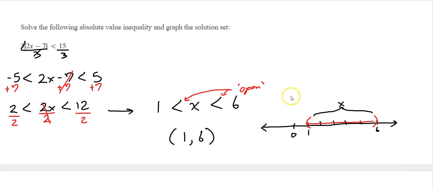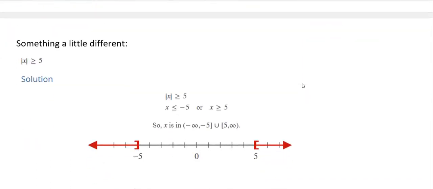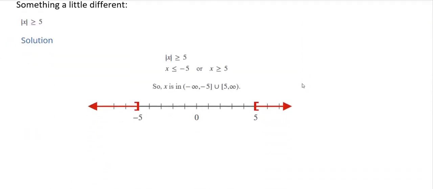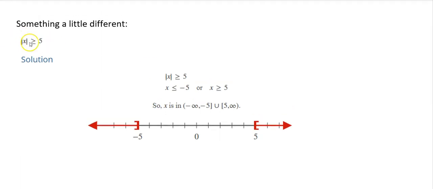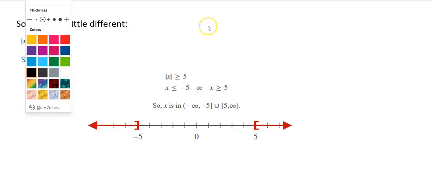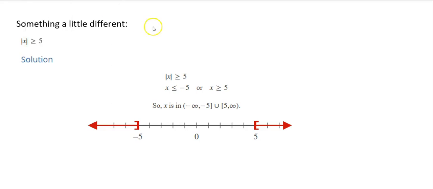Let's go ahead and do a different type, because if you'll notice, we've been dealing with less than and less than or equal to. Well, things get a little different whenever you're dealing with greater than. I want to be very intentional in how I explain this. I'm just going to recopy here so you can see it.